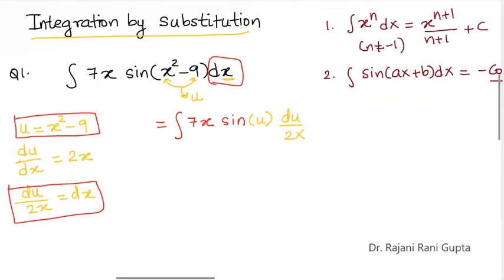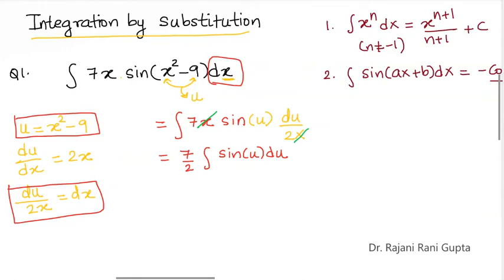Before integrating we have to simplify it. Is it possible to cancel something? Yes, we can cancel x with x. So we are left with 7 in the numerator and 2 in the denominator, integral of sin u du.